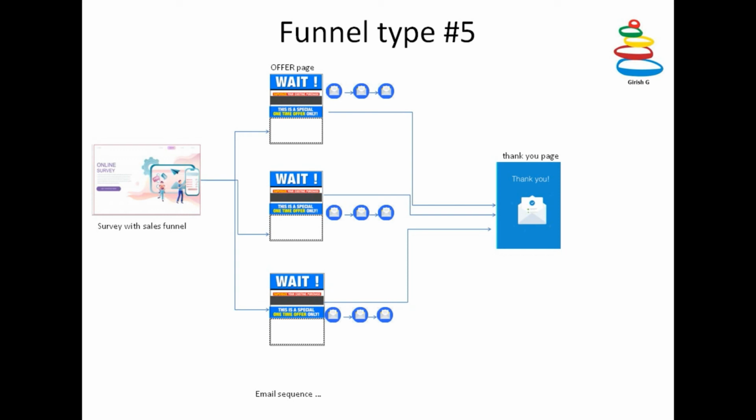Depending on the answer, they will be given different types of offer pages. So if you are interested in purchasing a house in a week's time, then they will have a different offer. If you are looking for a house in another 6 months' time, then they might have a totally different offer to be presented with.